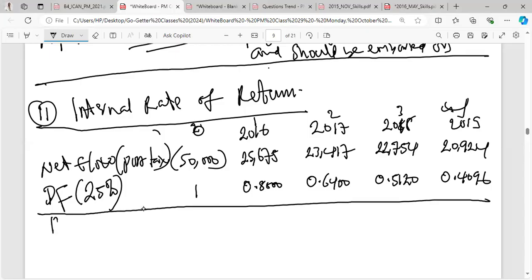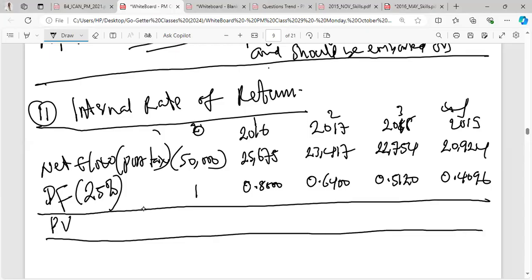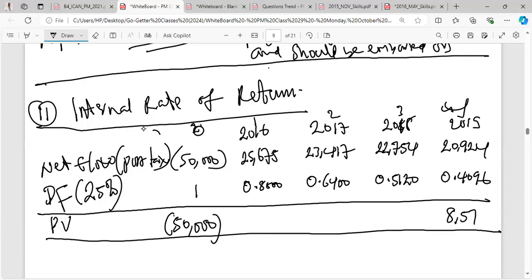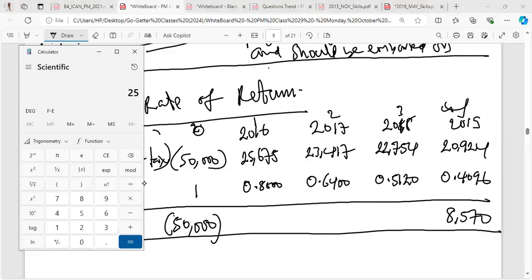So these are your present values. This is still going to be 50,000. Then 25,675 multiplied by 0.8 gives me 20,540. Doesn't matter if I put the other zeros.